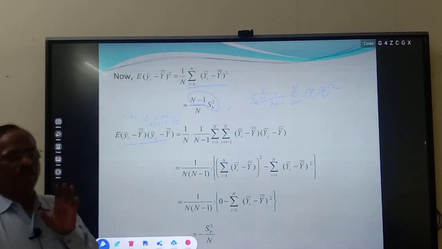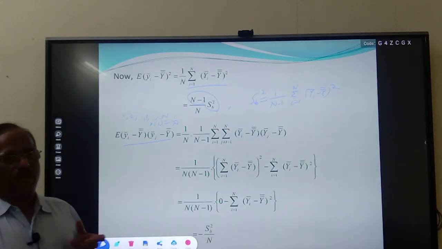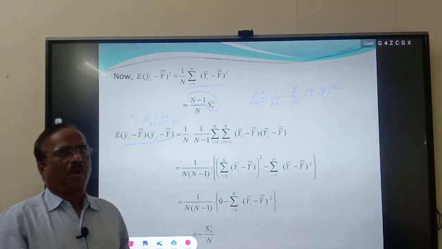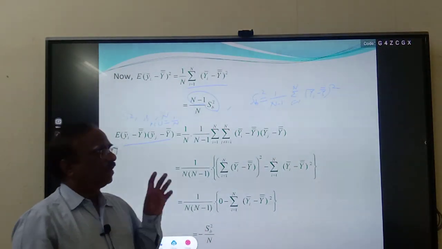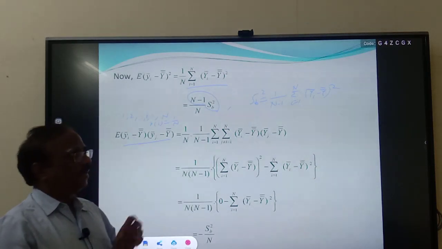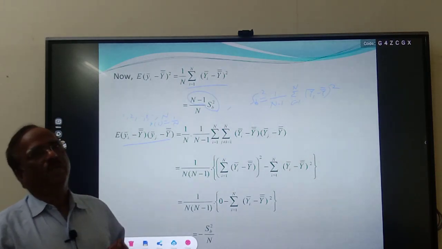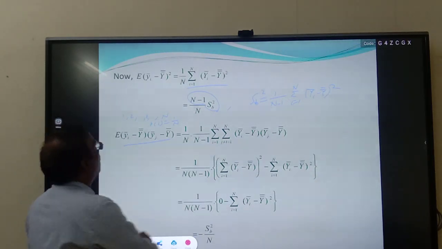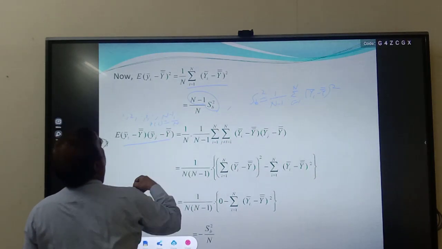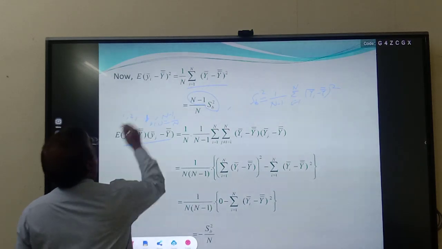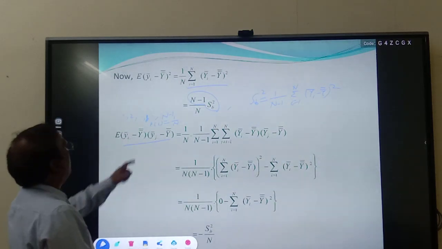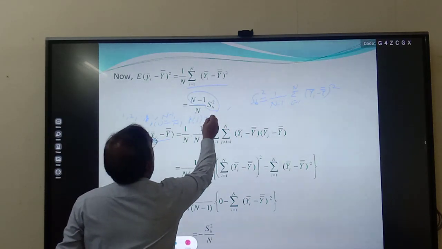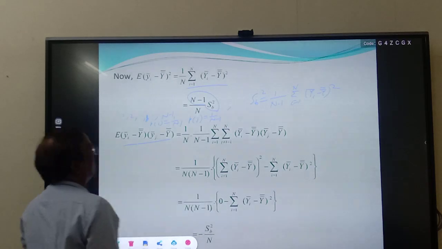Now in simple random sampling without replacement, where a unit is selected and it is not replaced into the population, when a unit is selected, the remaining units in the population become capital N minus 1. So out of those capital N minus 1 units, if the jth unit is selected, the probability of j becomes equal to 1 by N minus 1.